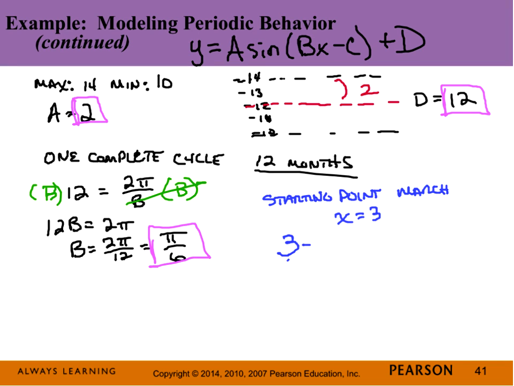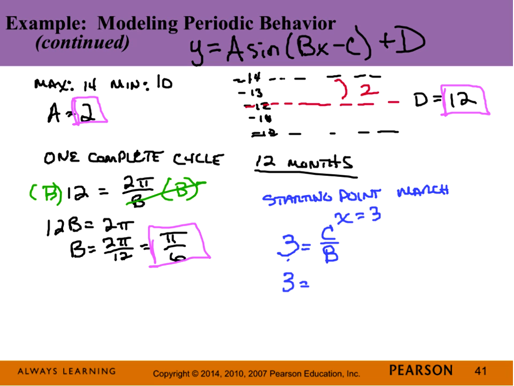We know that our phase shift is equal to C over B. It didn't say in the problem to start at March, so I don't know if they left that out of the problem on the PowerPoint, or there's something I'm not picking up on, but some way they figured out that you want to start at 3.